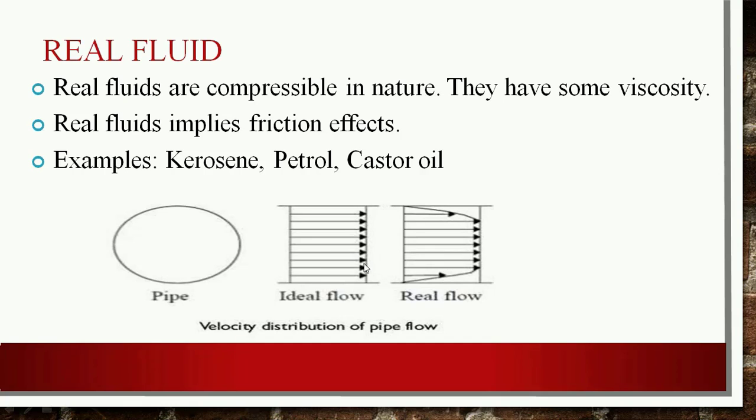As you can see in this picture, in an ideal fluid, velocity is constant, but in actual fluid, the velocity will not be constant. At the boundary, or we can say at the wall, the velocity will be 0, and at the center, velocity will be maximum. So this is how the velocity distribution profile looks.